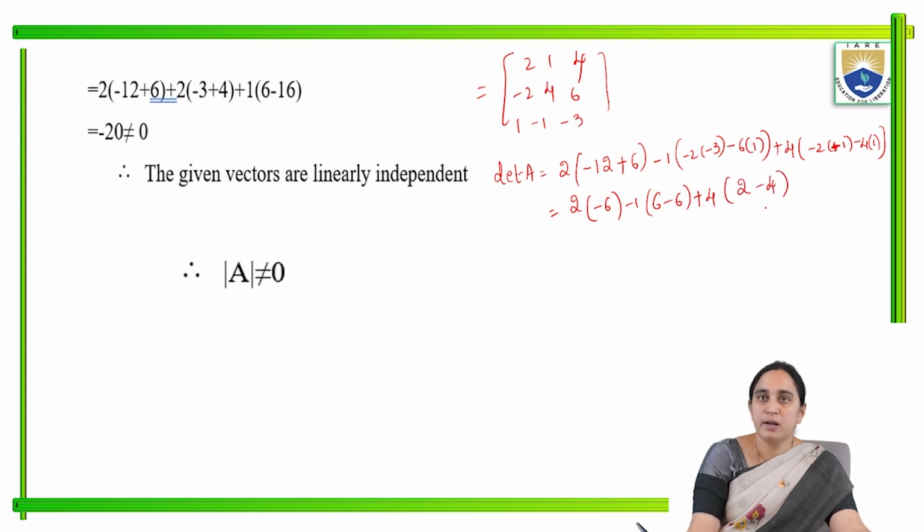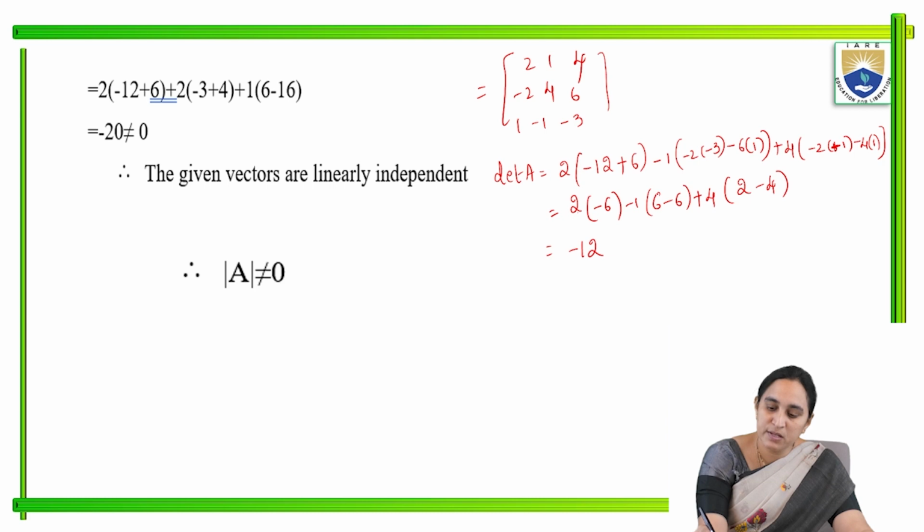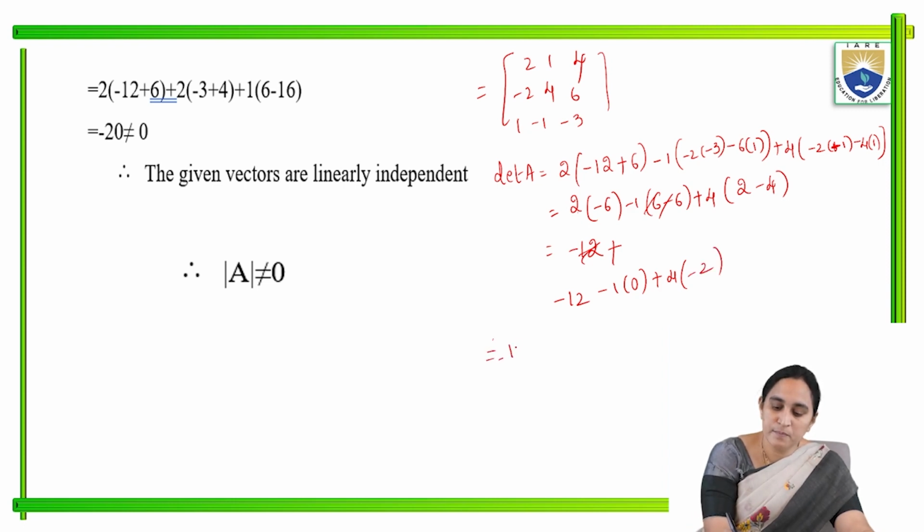For that, this is minus 12, and the 6 minus 6 cancel, so minus 12 minus 1 into 0 plus 4 into minus 2. That is minus 12 minus 12 minus 8.